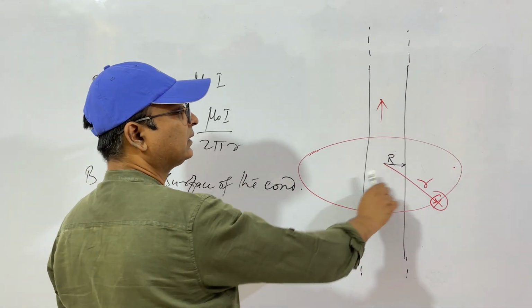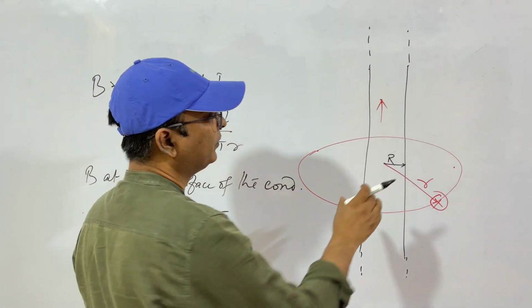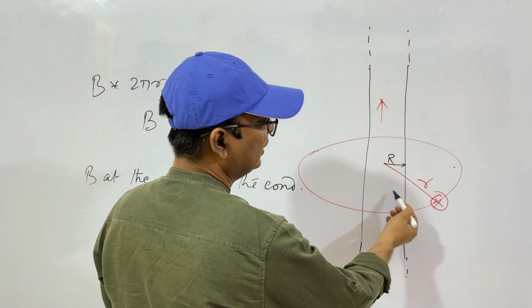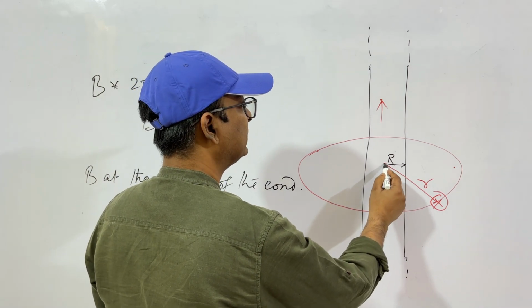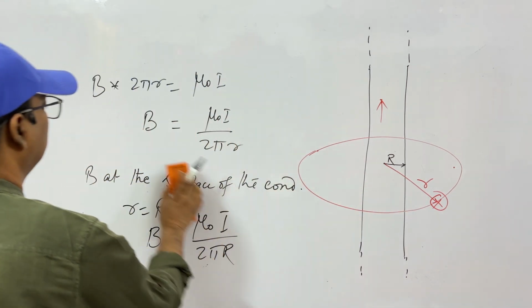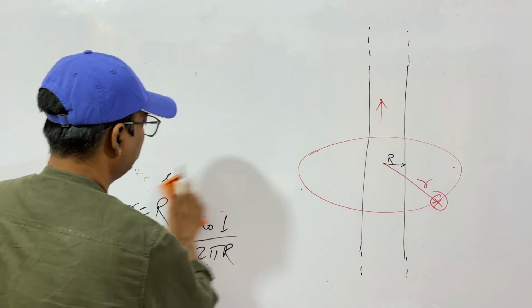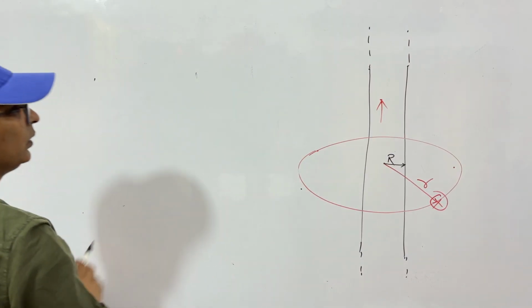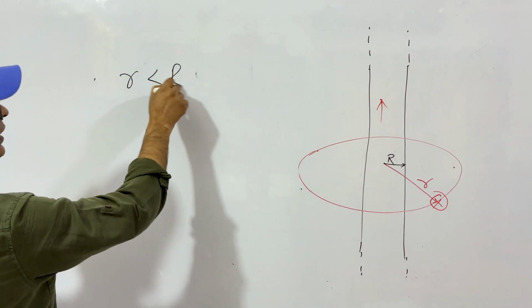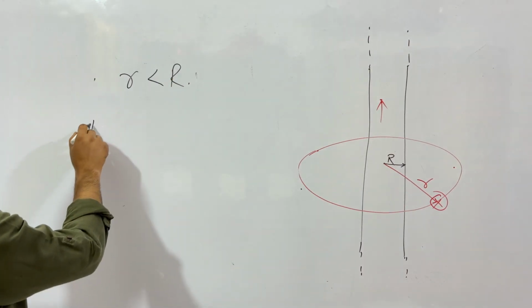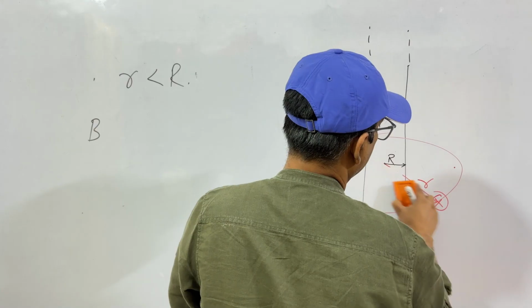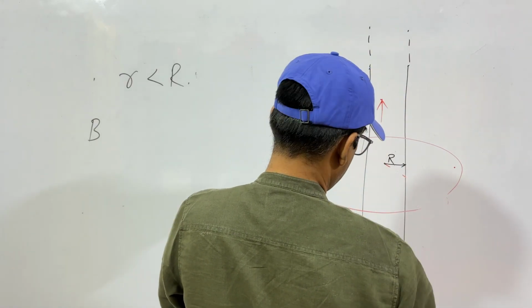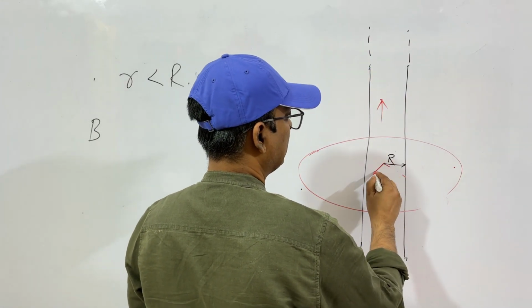Now let's say this conductor is hollow, that is, you don't have any material inside it. Now what if we take small r less than capital R? Let's say our r is this much only.